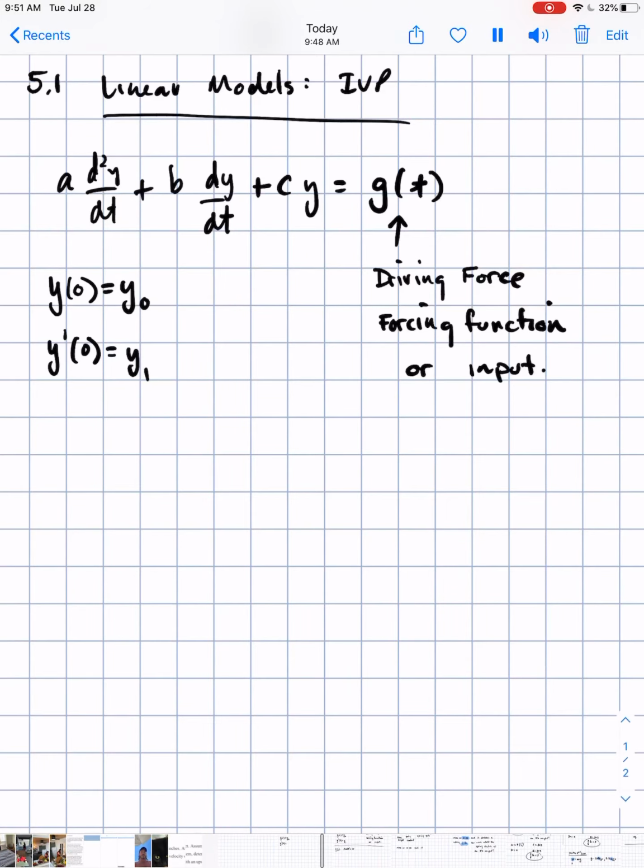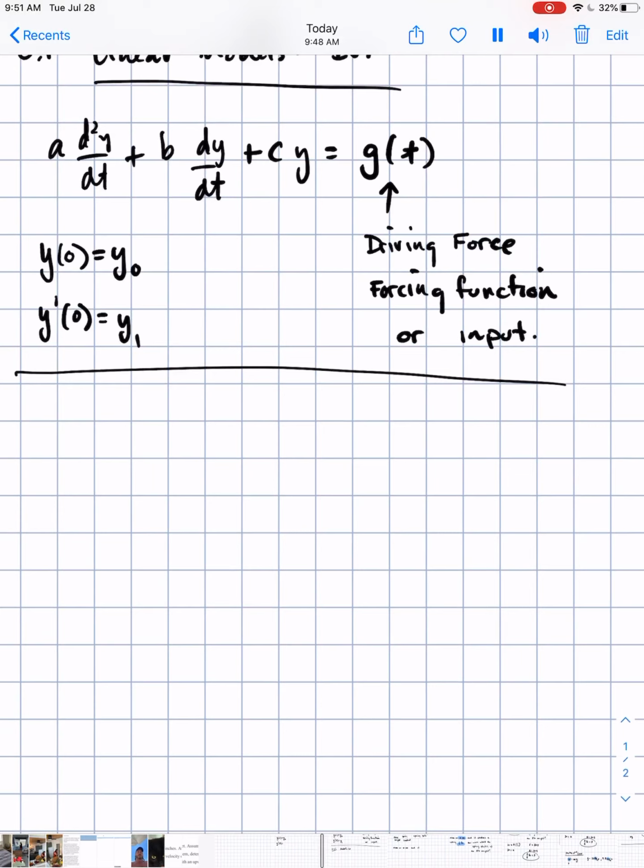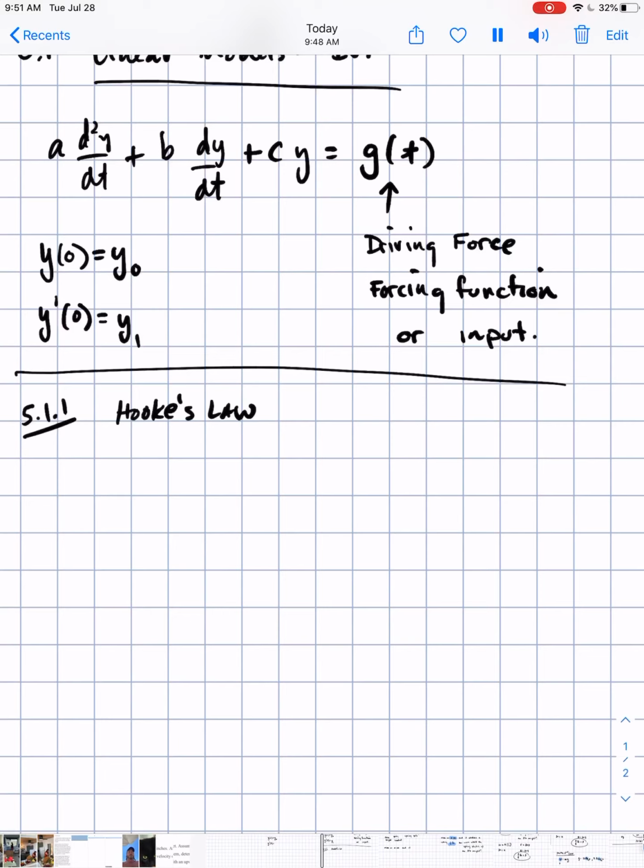Okay, and the other thing I want to just show you real quick is in 5.1, we need something called Hooke's law. This is where force is equal to some constant, we call it the spring constant, times how long the spring is elongated. So this has to do with a spring.